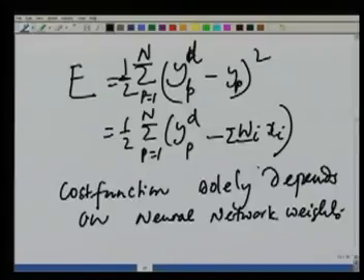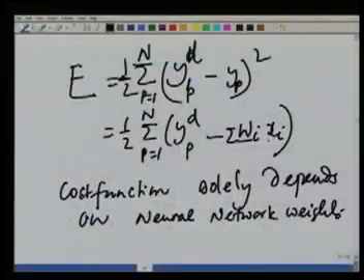So, how do I update these weights such that my cost function, obviously what you would like? You would like, given any input xi, my yp should be exactly as that of ypd, that is my neural network output should exactly follow the desired output of the system. So, that is the objective.